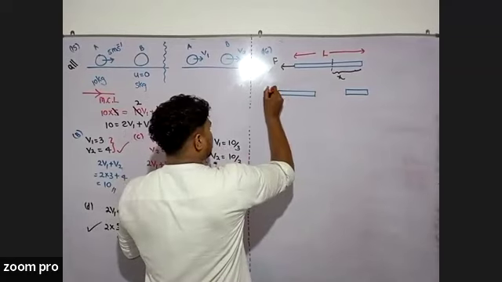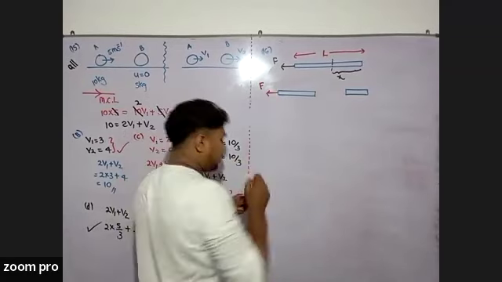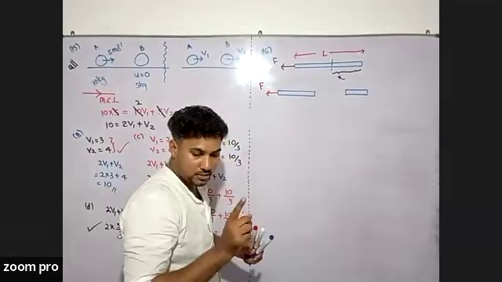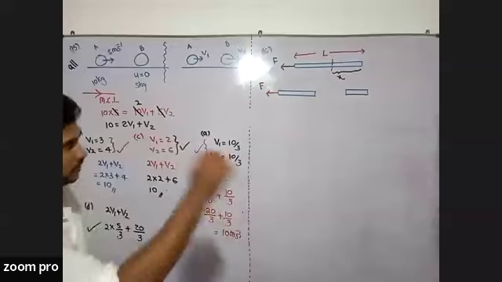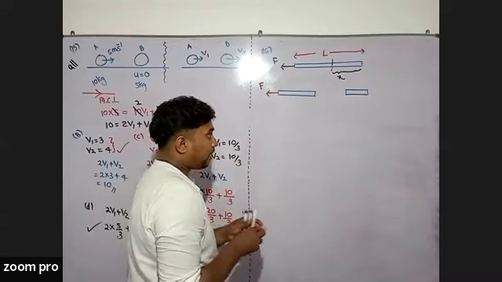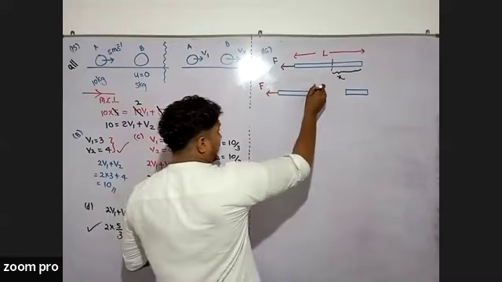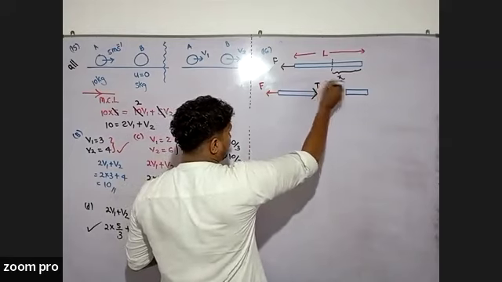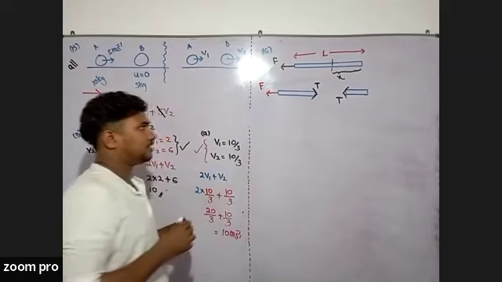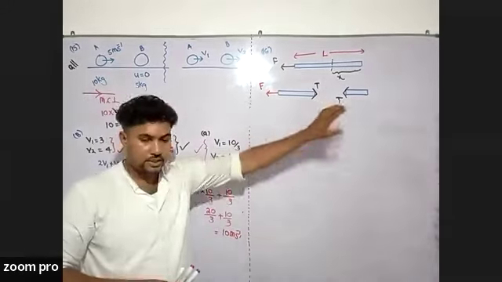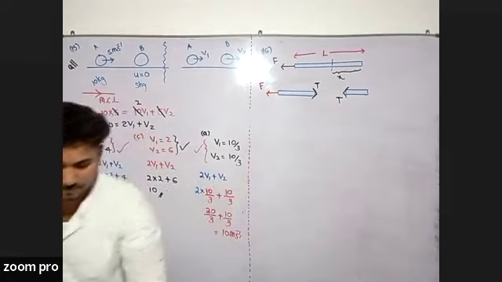So this is acting as a force. When I mark the tension forces at this point, it should be marked as T, and it should be marked in the opposite direction, right? So this is the first thing that you need to highlight in this question.